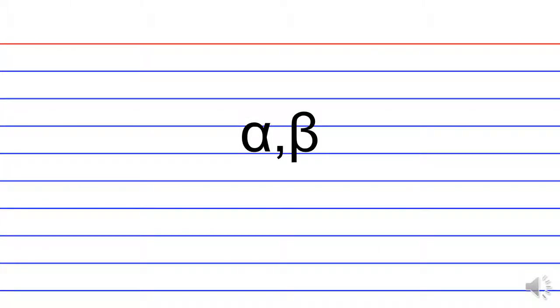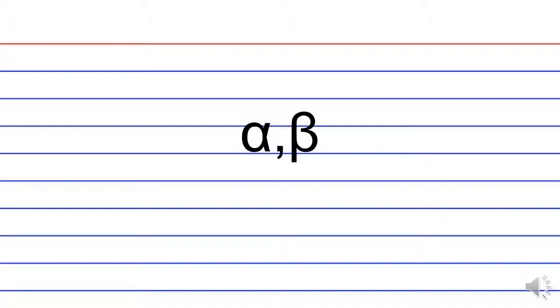It's an alpha beta unsaturated ketone, because in relationship to the carbonyl group, one carbon away from the carbonyl carbon is going to be your alpha carbon, and two carbons away from your carbonyl carbon is going to be your beta carbon.